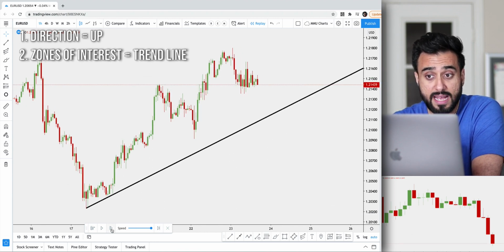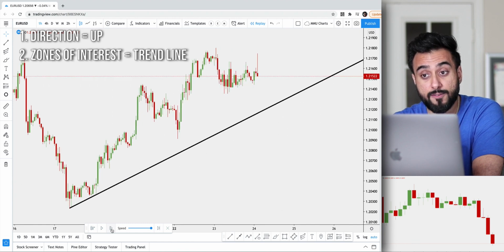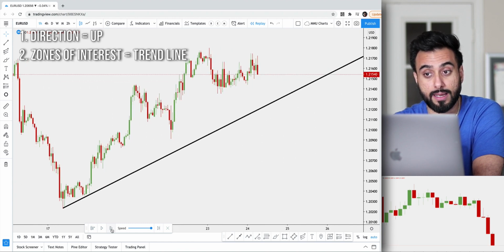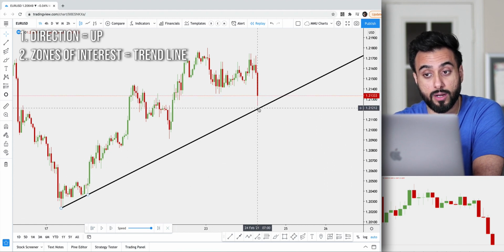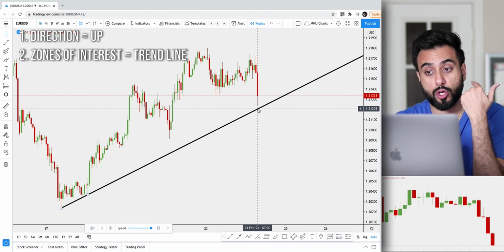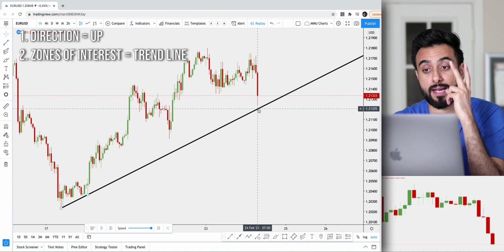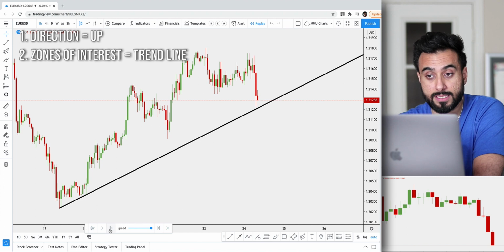So as time passes by, we're looking at what's happening with the chart. We're just being patient. And if the price does approach this area, this zone of interest, like it did right over here, we would be looking for a potential signal to go long. So this is the first sign. This is the second sign that tells us we should be looking at a potential area to buy. Let's go ahead and go to the next candle.